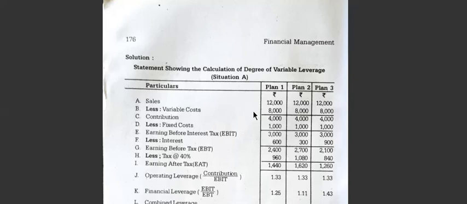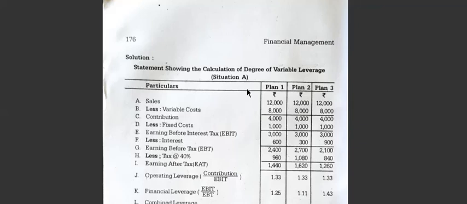There is another way of doing this also: take all three plans with situation A first, then all three plans with situation B, then all three plans with situation C. Like that also you can take. Now understood? Here we will take three plans and situation A.